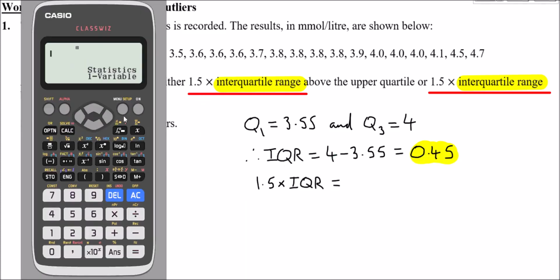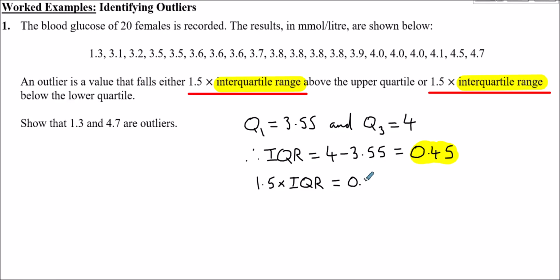So if you go back to normal mode, Menu option 1, 1.5 multiplied by 0.45 gives us 0.675. Okay, so now we've worked out this value here.